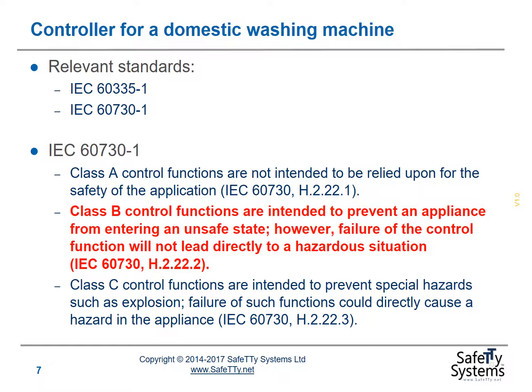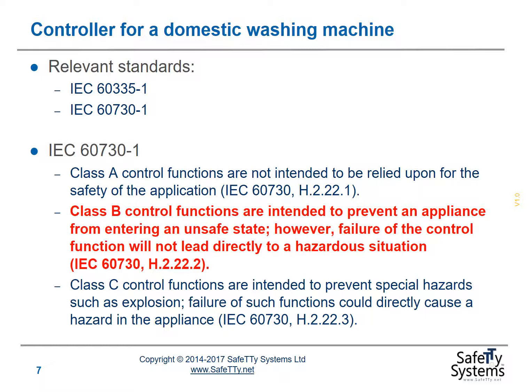When developing the controller for our domestic washing machine, there are two main international standards that we would need to consider. These are IEC 60335 and IEC 60730. IEC 60730 identifies three different classes of control functions that we would need to consider here.